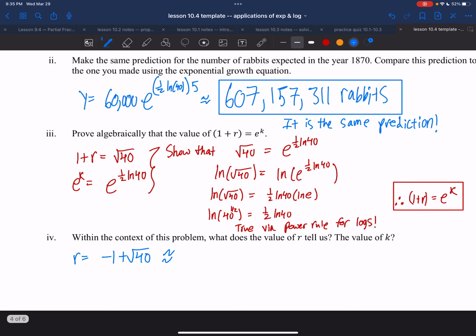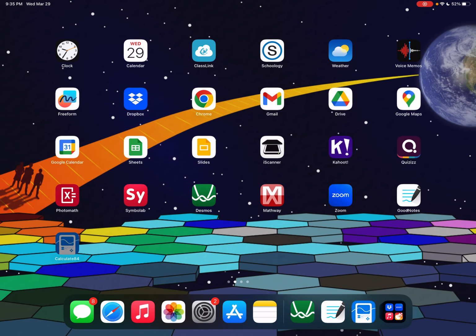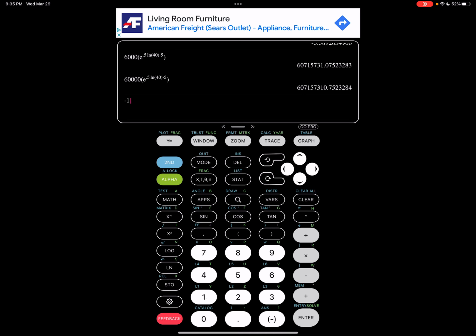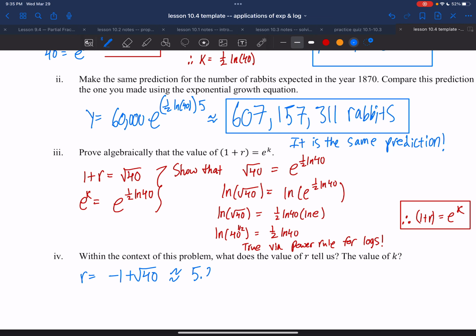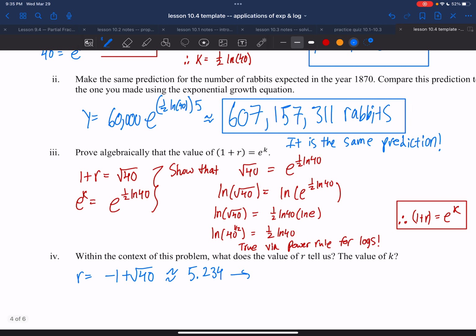What is r telling us? -1 plus square root of 40 is 5.234.